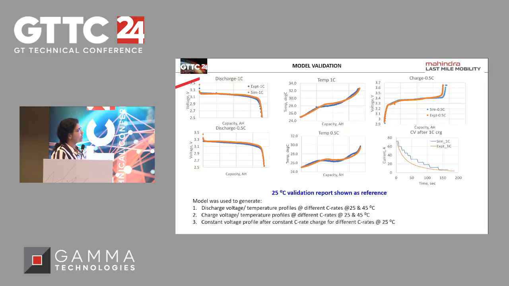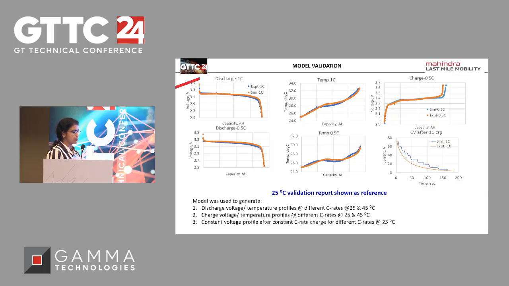After that we did some validation, and there we could validate our test results for 25 and 45 degrees with relatively high accuracy, and we could even model the temperatures also. We could match the charging also, and charging usually comprises a CC and CV phase.